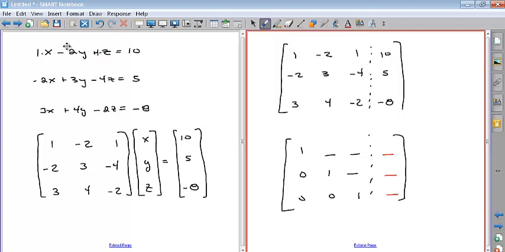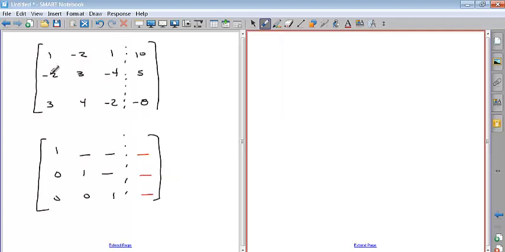So that's where we're going. The first thing we do is look to see whether any of the rows have 1 in the first position, which this one does, so that's good. Now we're going to try to get zeros here and here.